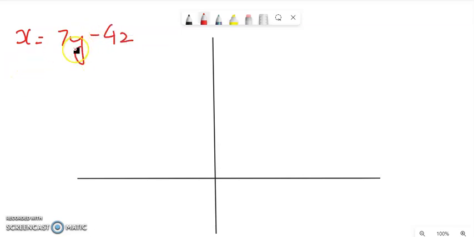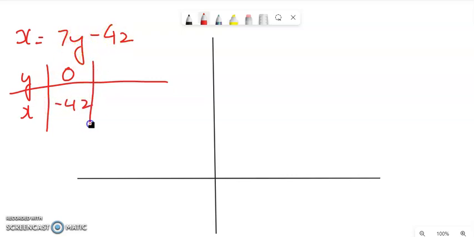So now here y is my independent variable and x is my dependent variable. So let us change the value of y. If I take y as 0, what will happen here? X is minus 42. When I take y as 1, what will happen here? 7 1s are 7, minus 42, so minus 35.